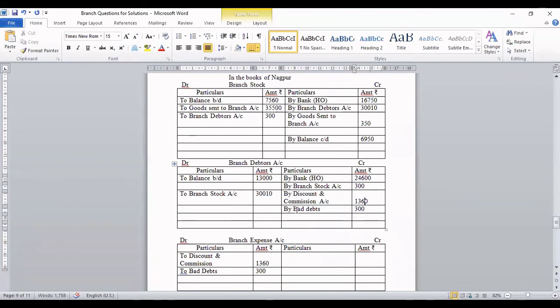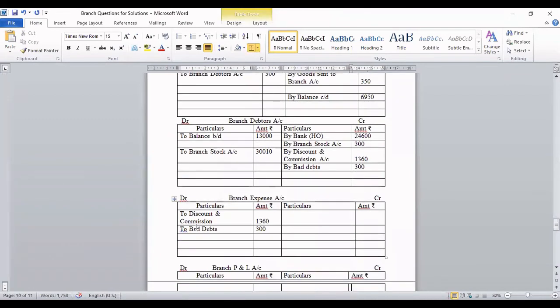Next, rent, rates and taxes. That effect will come under branch expense, right? So here we'll write to bank. Just underline this, make it a heading, and write rent, rates and taxes, amount 900.